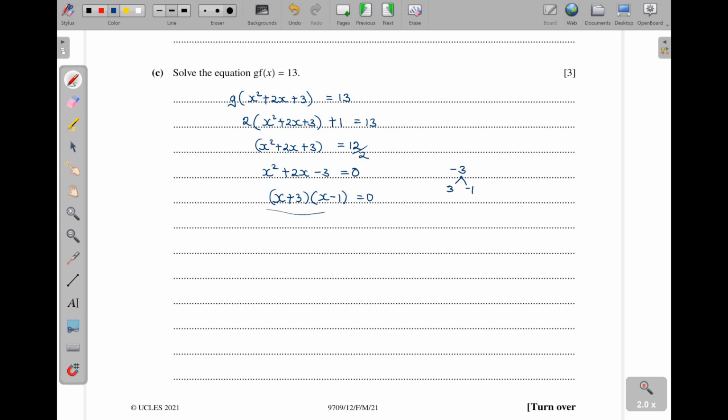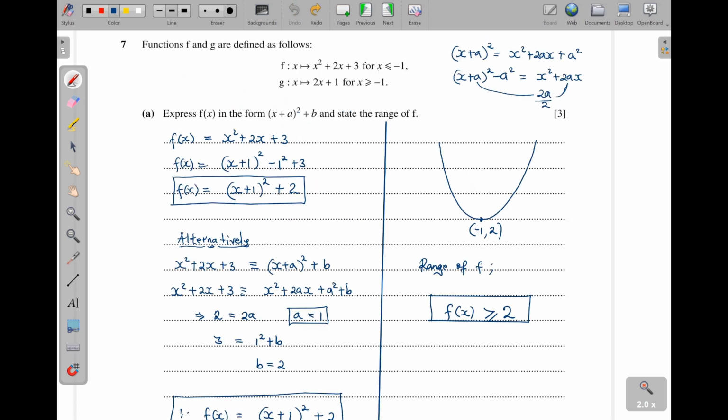So meaning when I equate these factors, we shall be in position to get x is equal to negative 3 and then x is equal to positive 1.